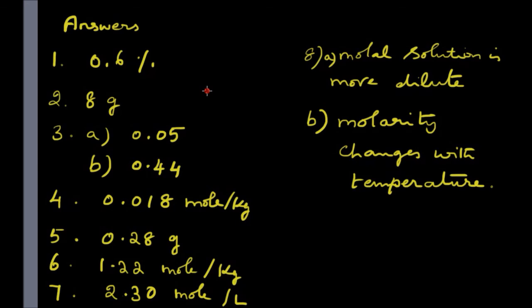So that contains more of solvent. Hence, a molal solution is slightly more dilute than a molar solution of the same value. That is, it is not only 1 molal and 1 molar, it can be 0.1 molal and 0.1 molar or 0.5 molal and 0.5 molar. When the molality and molarity have the same value, the molal solution will be slightly more dilute.